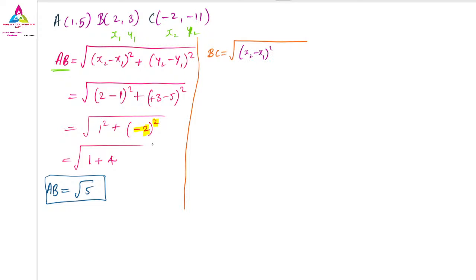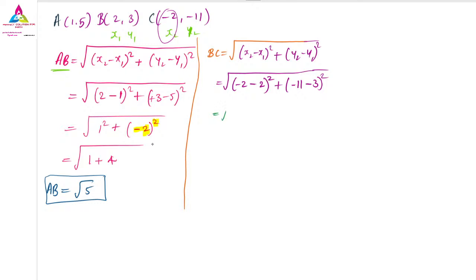minus x1 the whole square plus y2 minus y1 the whole square. Now x2 is minus 2, minus x1 is 2 the whole square, plus y2 is minus 11 and y1 is minus 3 the whole square.